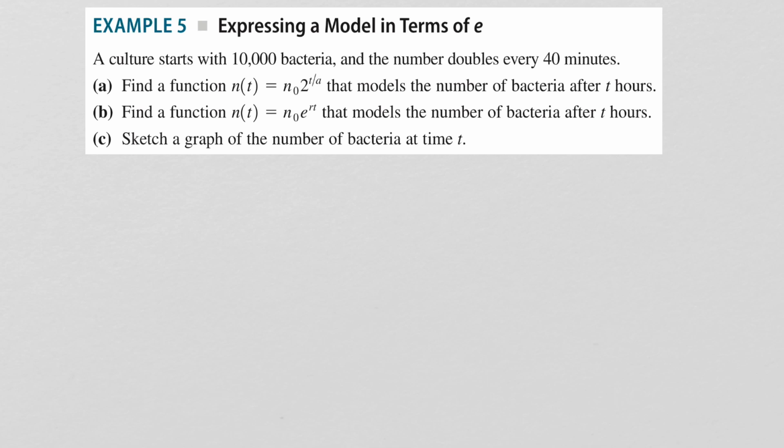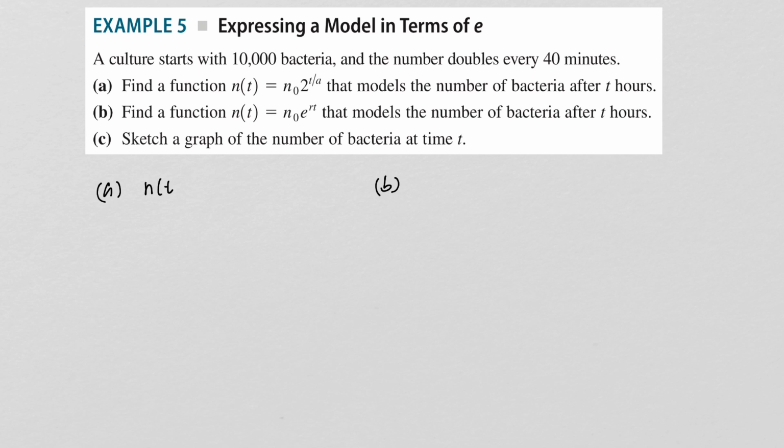So in our next example here, we have a culture that starts with 10,000 bacteria and the number doubles every 40 minutes. We want to find a function in this format that models the number of bacteria after T hours, and then we want to find a function in this format that models the number of bacteria. So if you recall, we have two different ways to model population growth.